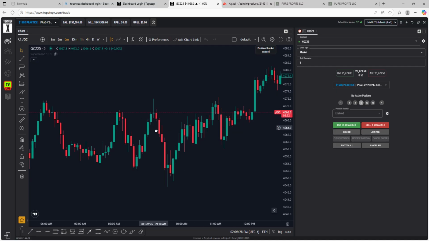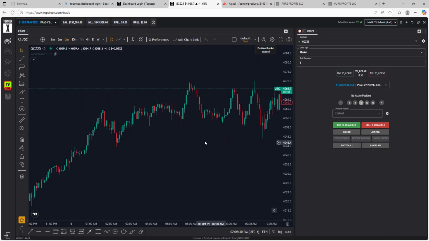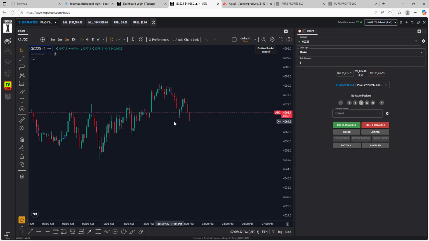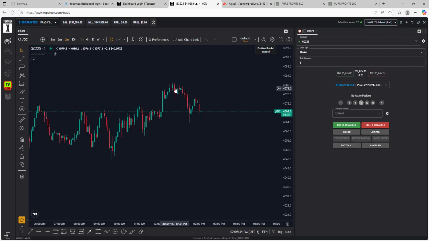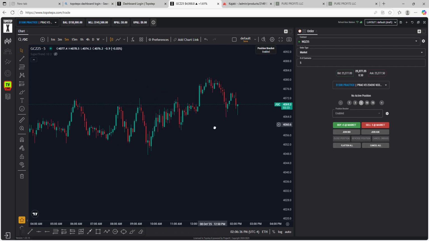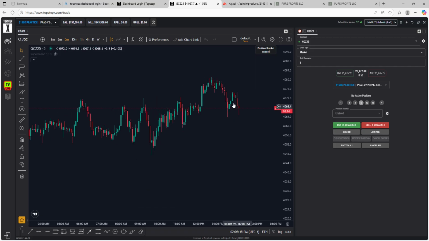So just to walk y'all through what this will look like, this is real time. Right now, as we can see, we're not getting a clear move in one way or the other. So at this time, I would not be looking for a trade. I have to look for something a little bit more obvious.